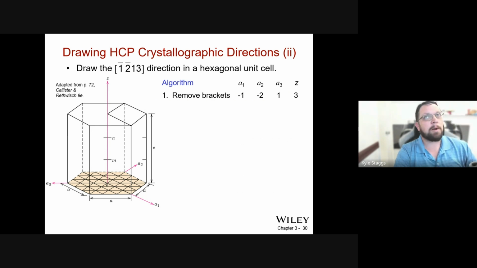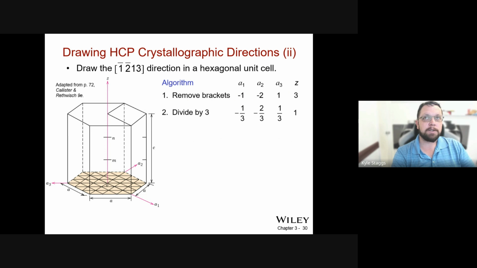I would say that's probably one of the biggest areas where students will make mistakes and end up dropping points, is they forget the bars, or they forget that the bars mean negative, and they end up with some incorrect results. So -1, -2, 1, and 3, we divide by the largest value, which is 3.